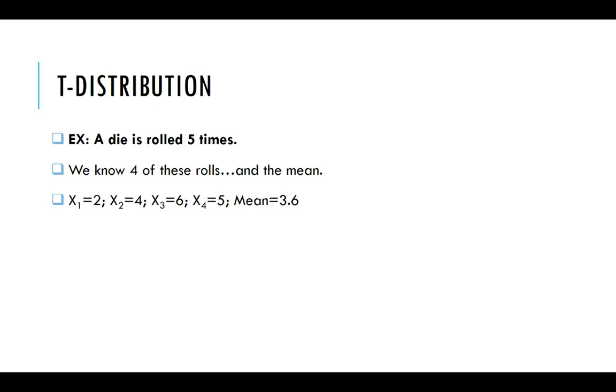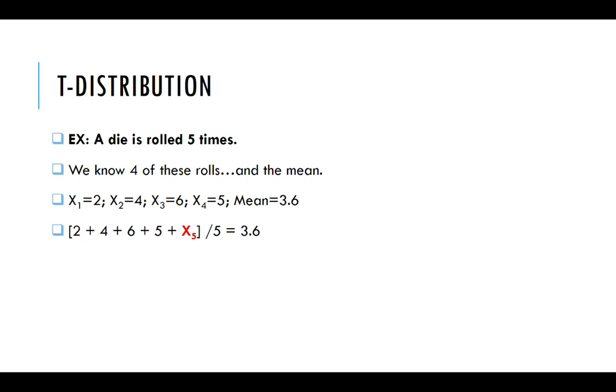So if I take all 5 observations, one of which I don't know, and I average it, I get 3.6. Now, can I solve for x5? Yeah, I can solve for the 5th roll.